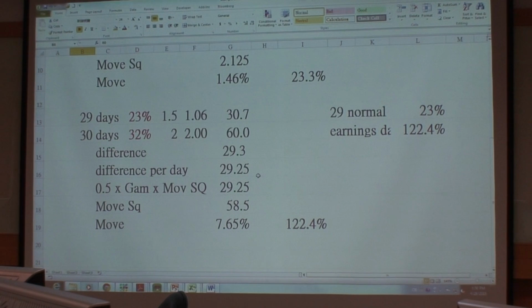I say earnings day is special and all 29 or all 59 other days are standard. Then that second expiry, that second set of 30 days, represents all 59 standard days. So that means I have 29 out of these fall in my first month, vol 23. My first month trades at vol 32, and only then can I get the difference.